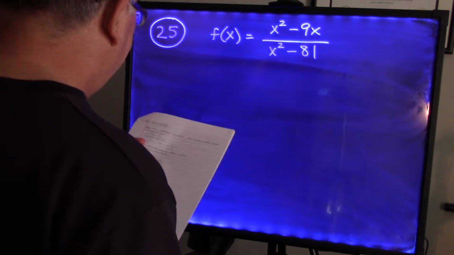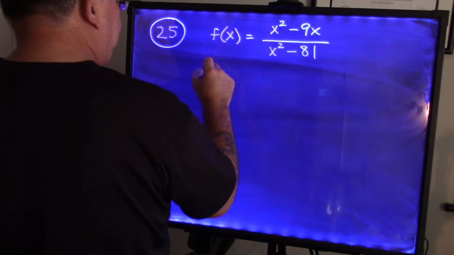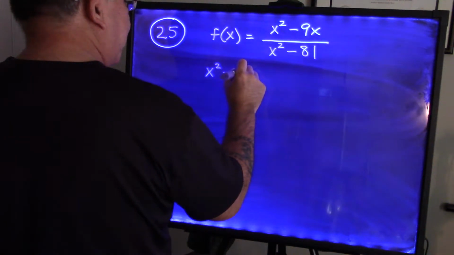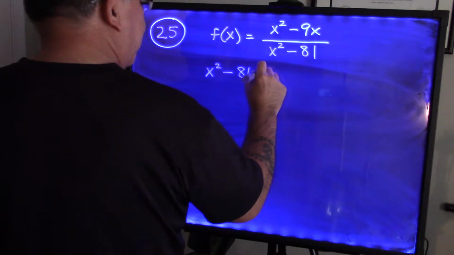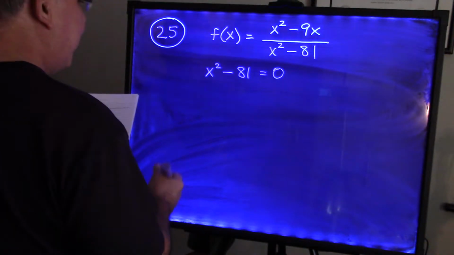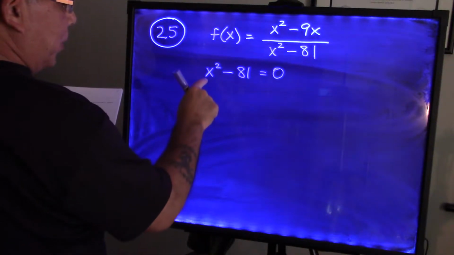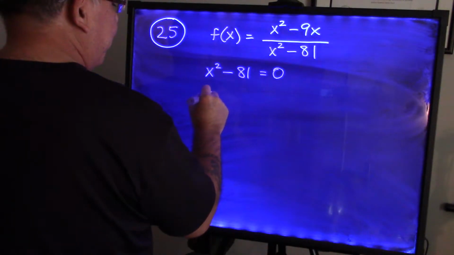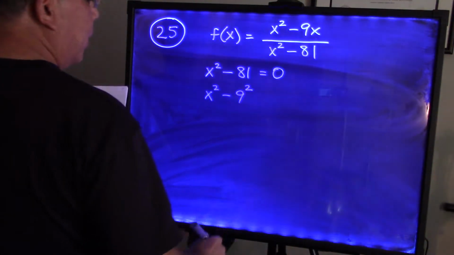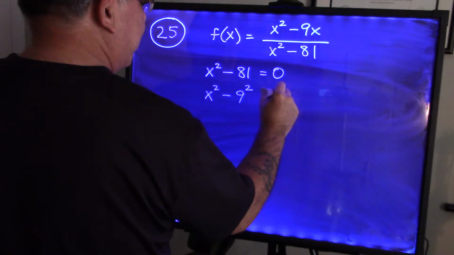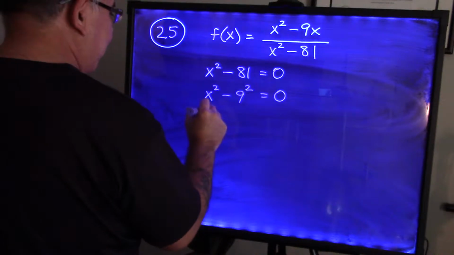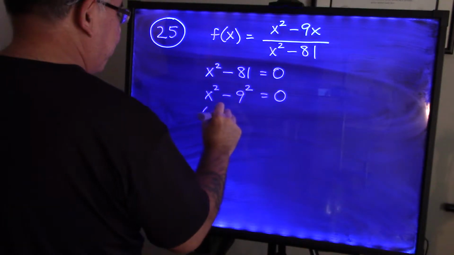All right, so set x squared minus 81 equal to 0. We can't have a zero denominator in this one. Solve for x. Actually, this is a difference of squares, right? This is x squared minus 9 squared. 9 times 9 is 81. All right. So this is x plus 9, x minus 9, factored.